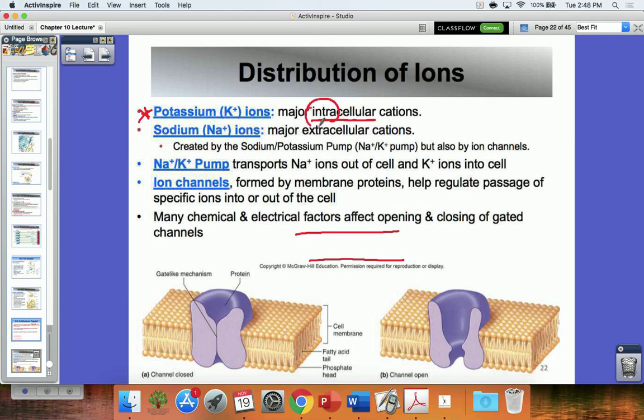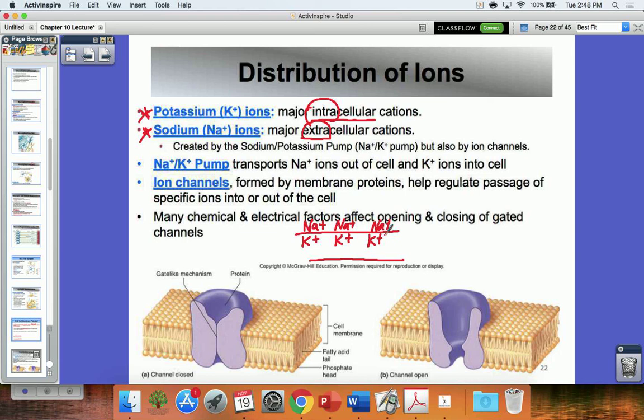So we have mostly potassium ions on the inside. And we also have sodium ions, but they're the major extracellular. So they're mostly on the outside. So we have mostly sodium on the outside.